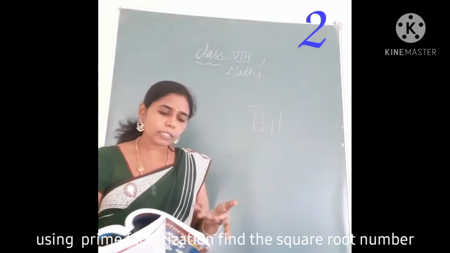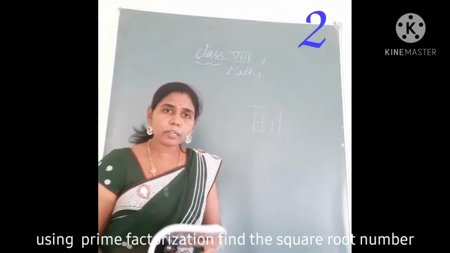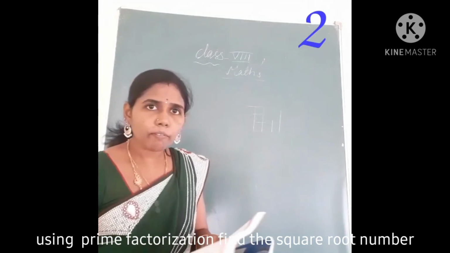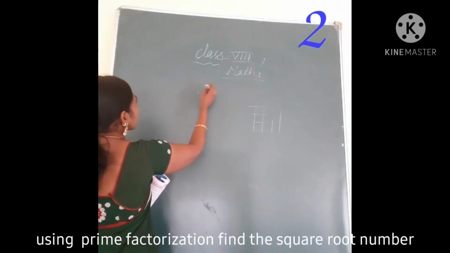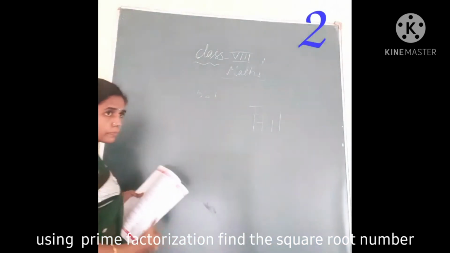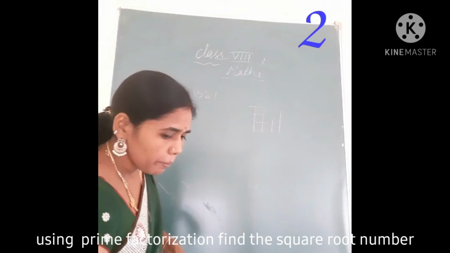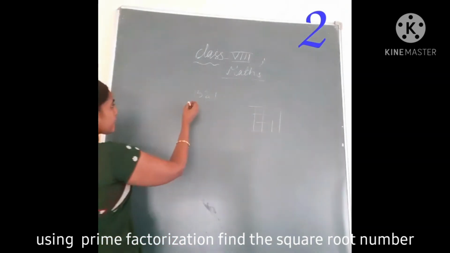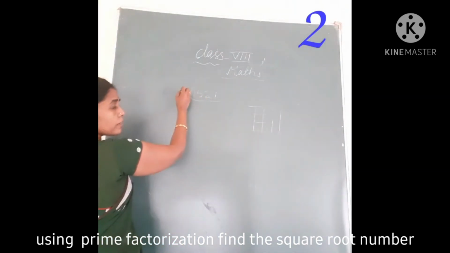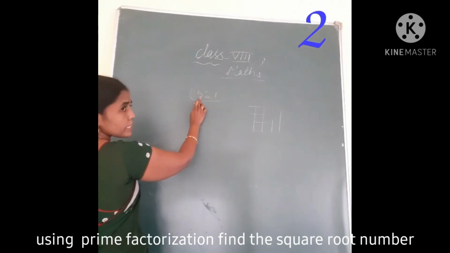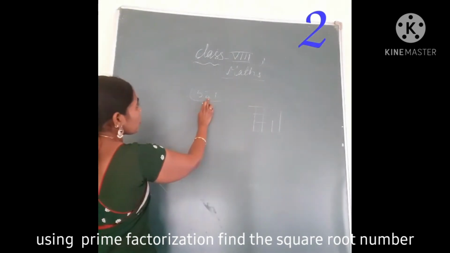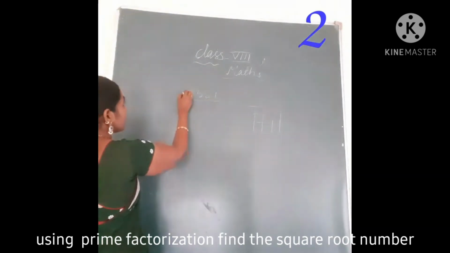Here 1521. Now first we have to take the number and do the prime factorization. 1 plus 5 is 6, 6 plus 2 is 8, 8 plus 1 is 9.